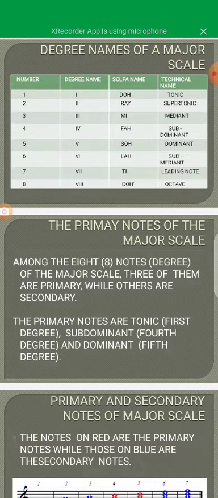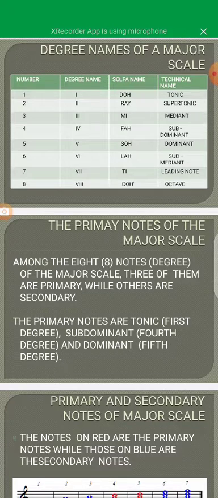Now, among the 8 notes, that's the same thing as degrees of the major scale, 3 of them are primary, while others are secondary. Let me repeat it. Among the 8 notes, which is the degree of a major scale, 3 of them are primary, while the others are secondary.